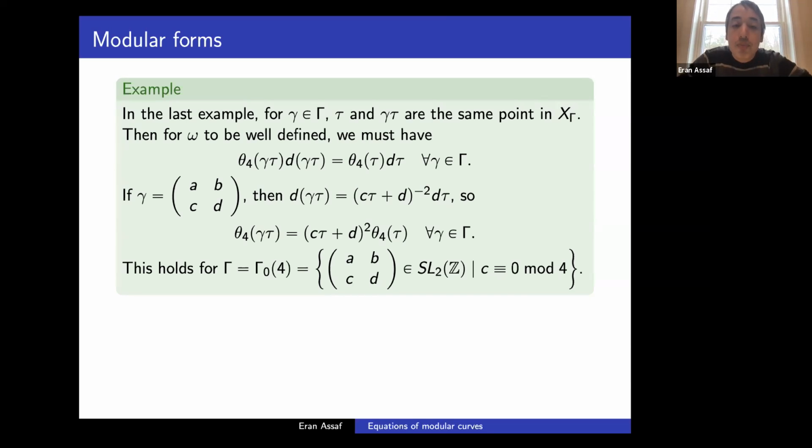So we note that this compatibility condition takes the form theta 4 of gamma tau is (c tau plus d) squared times theta 4 of tau for any gamma in our group. This is sometimes the more standard way to define modular forms, by satisfying this kind of condition.